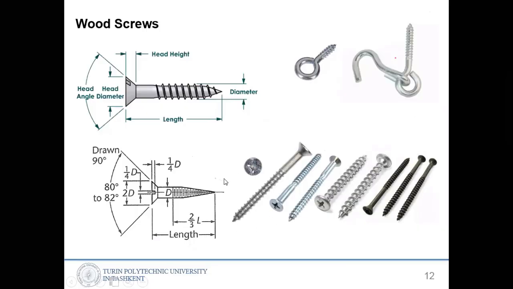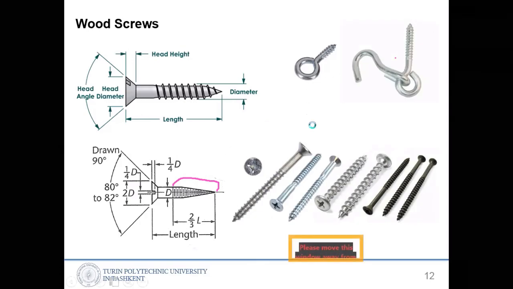Here you can see the wood screws and parameters. The wood screw has this shape, and the threaded length is 2/3 of the length L. There are a lot of types of wood screws possible.